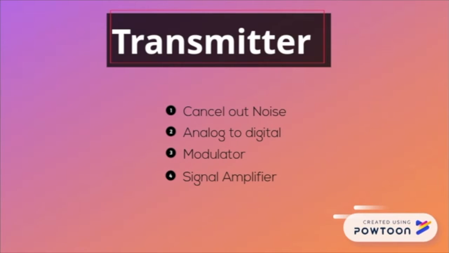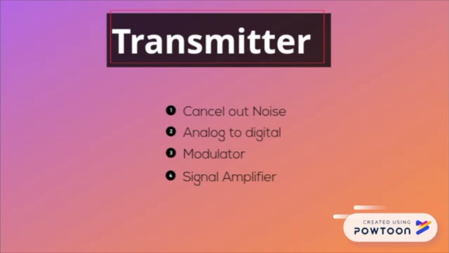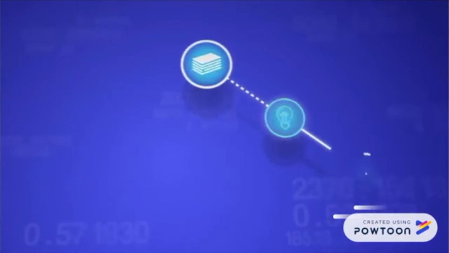Then it will be converted from analog to digital, so it'll go through an AD converter, and then through a modulator and finally a signal amplifier. So the transmitter not only cleans up the signal, it also allows the signal to be amplified so that as it is transferred, it's not too quiet. Once it's amplified, it's ready for transmission.